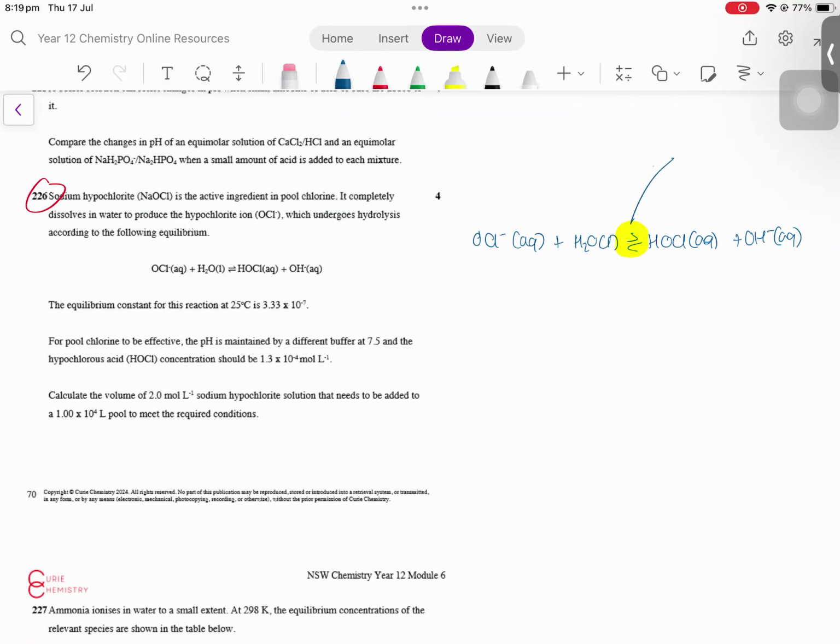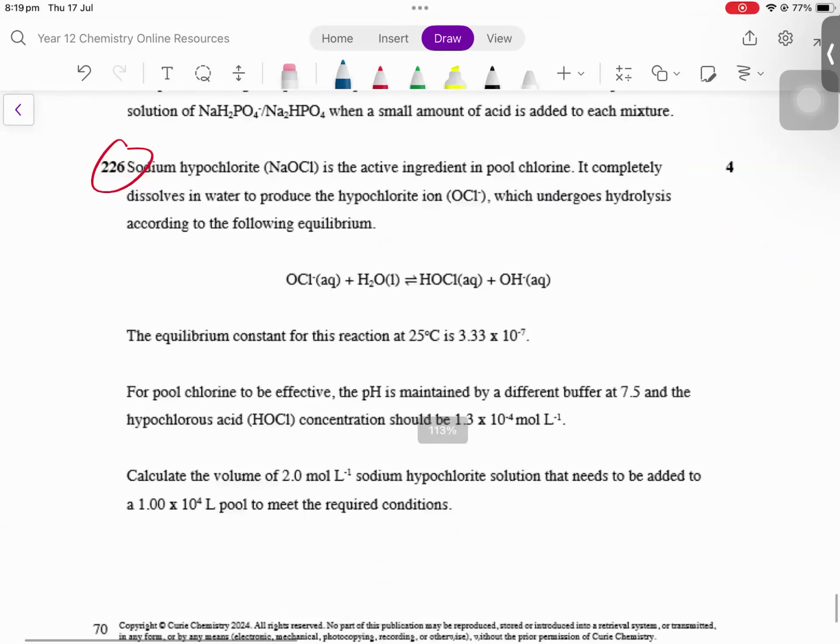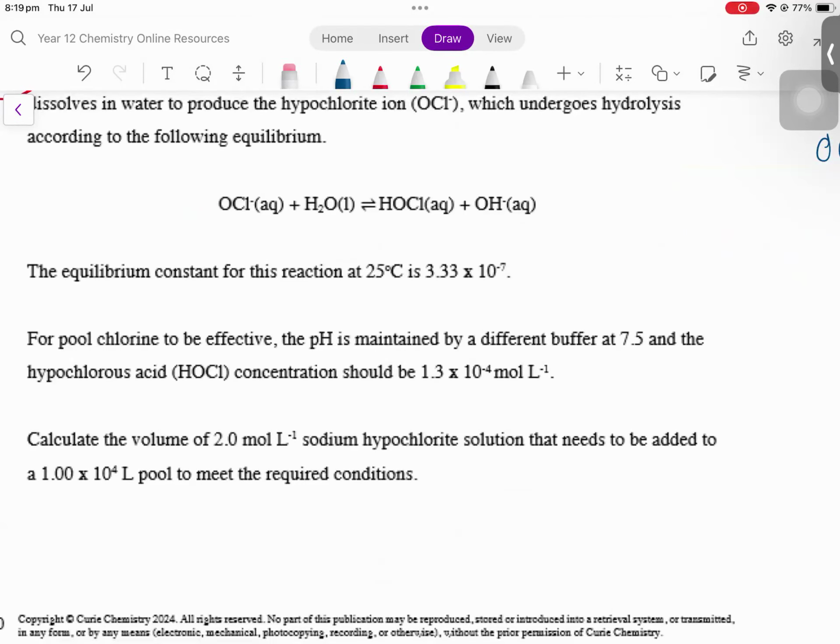And then number two, because it's a reversible reaction, whatever working out you do, we don't know what to do with these numbers yet, but whatever you do with these numbers, they have to go into an ICE table.